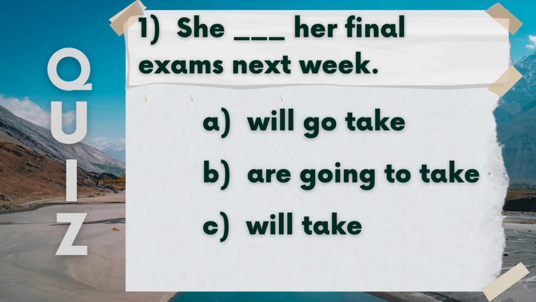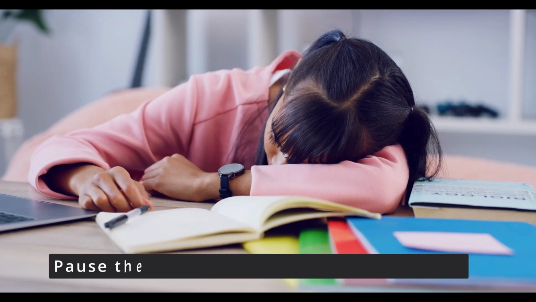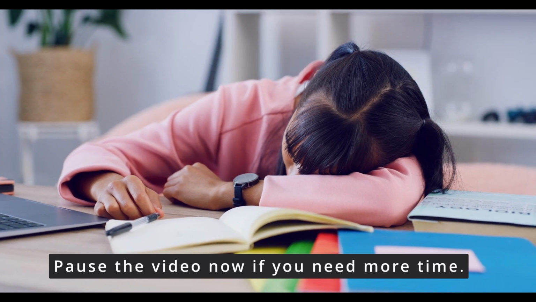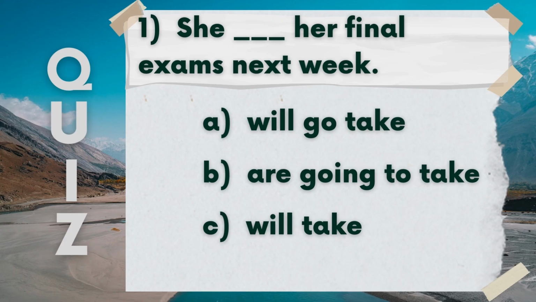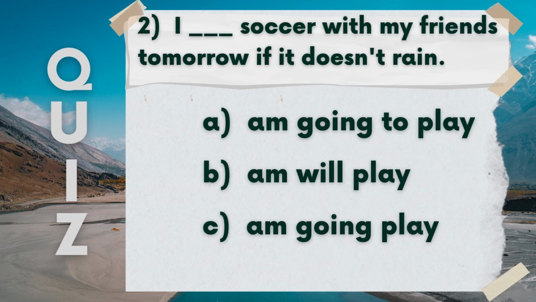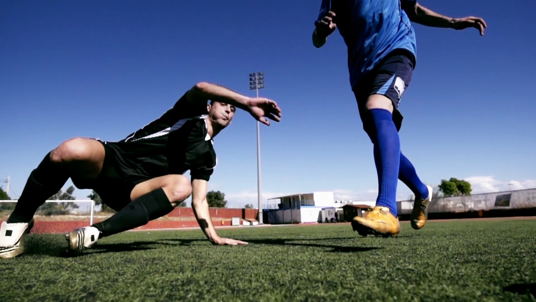Okay, let's check our understanding. Question 1. She, blank, her final exams next week. A, will go take. B, are going to take. C, will take. If you said C, will take, you are correct. Question 2. I, blank, soccer with my friends tomorrow if it doesn't rain. A, am going to play.